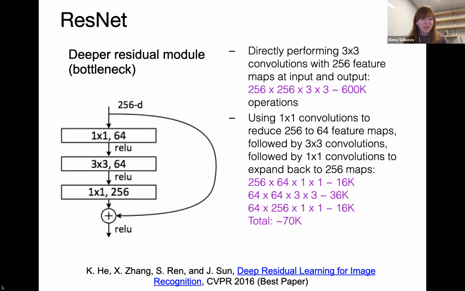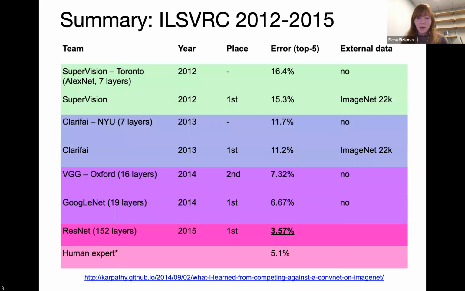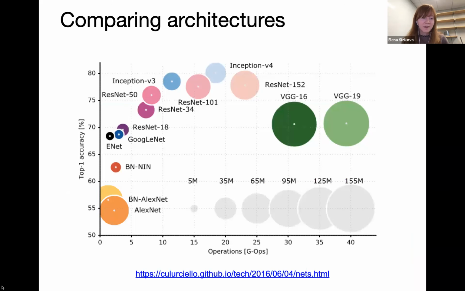The residual connections often add additional space requirements, but can maybe capture more functions with their architecture. These are the details of this architecture. And if I look at the different accuracies versus operations, you can see the different types of architecture I talked about with respect to their performance.